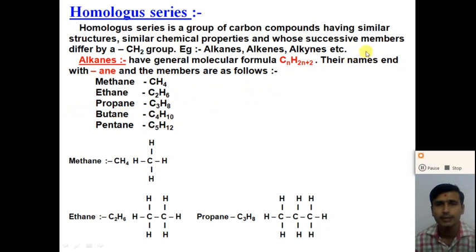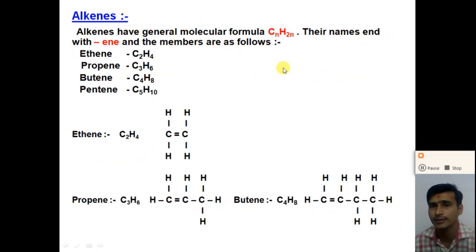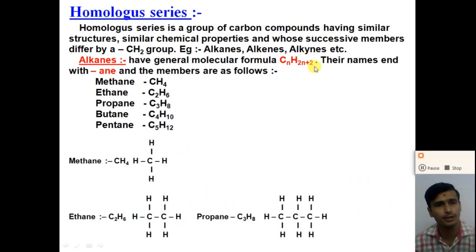You know that; we already discussed all the alkanes, alkenes and alkynes. All the alkanes have a similar structure and similar chemical properties, so we take them in the homologous series. The general molecular formula of the alkane is CnH2n+2.